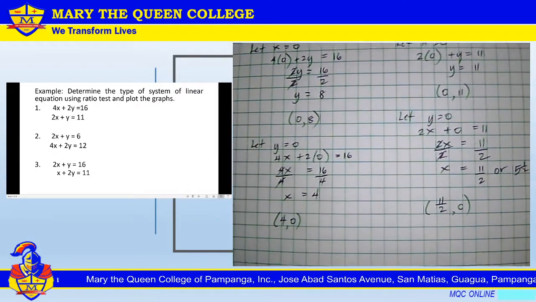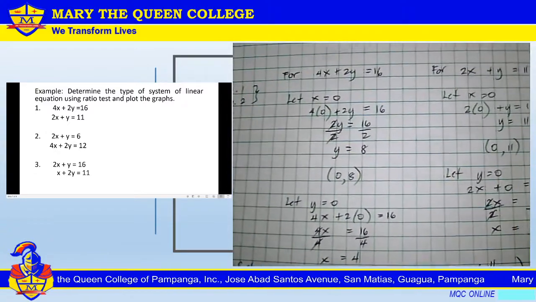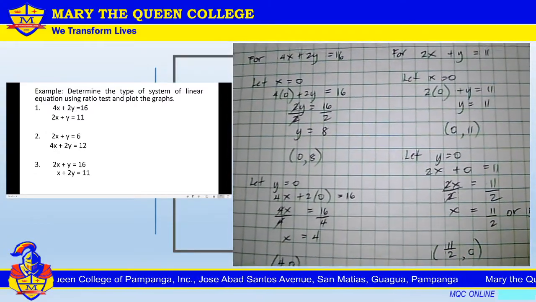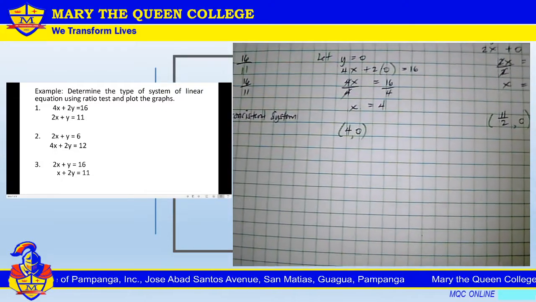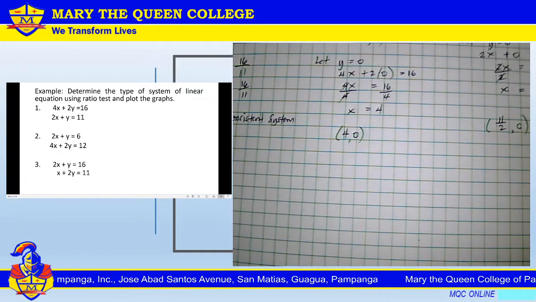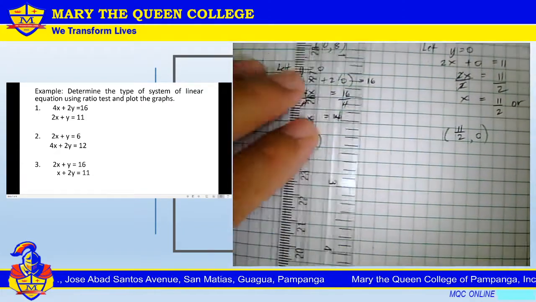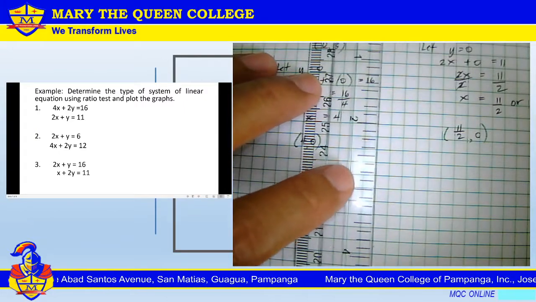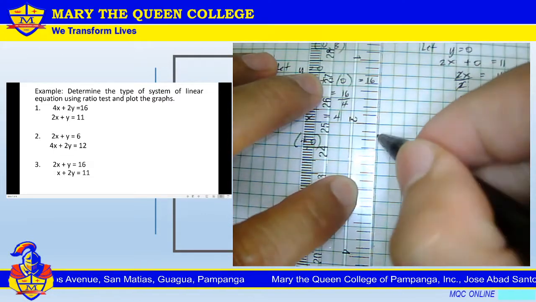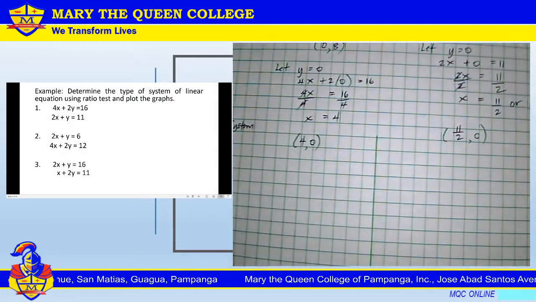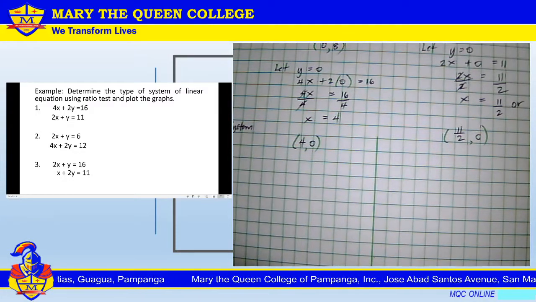And since we are tasked to graph, consider all our set of points here. So we may now construct our Cartesian plane. Okay, so for example, this is our Cartesian plane.